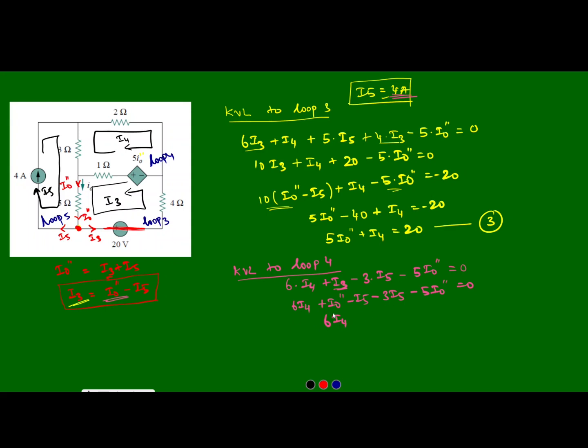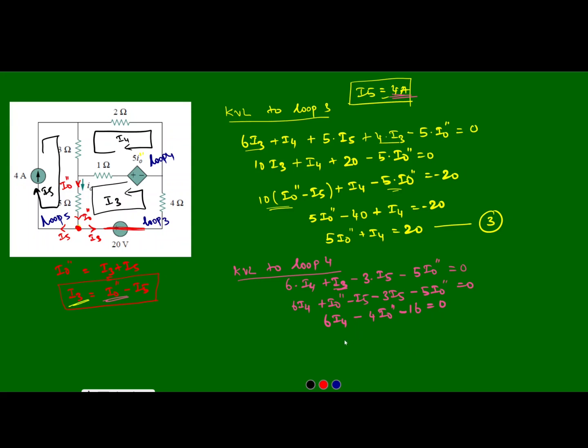So 6I4 and I0 double dash minus 5I0 double dash, so it will become minus 4I0 double dash minus I5 minus 3I5 will become 4I5. 4 into 4 will be 16 minus 16 which is equal to 0.